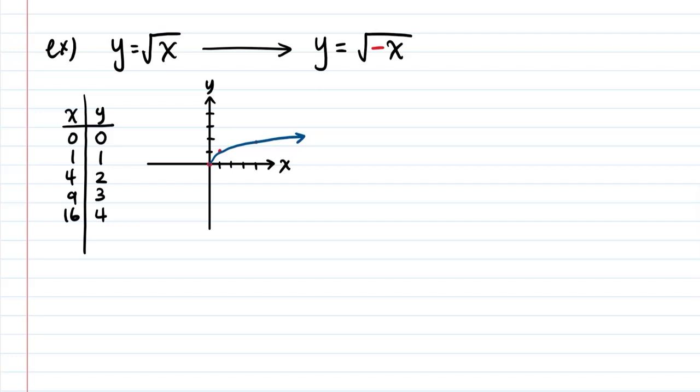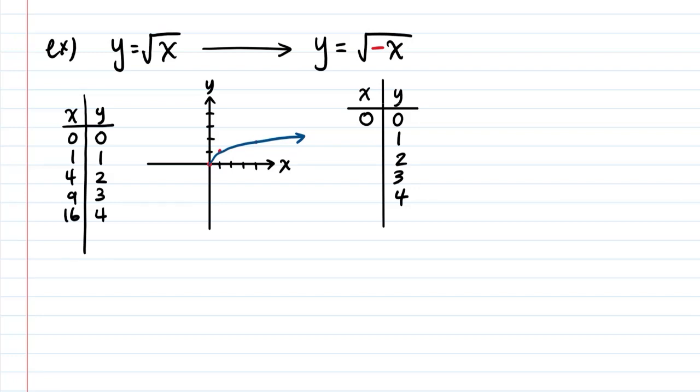So let's make a table of values for the second graph. We're going to keep the y values the same, and change the x value to get the same y value. So we keep 0, 1, 2, 3, 4, but this time we find the x value when the negative sign is in front of the x variable. To get y as 0, x has to be 0.